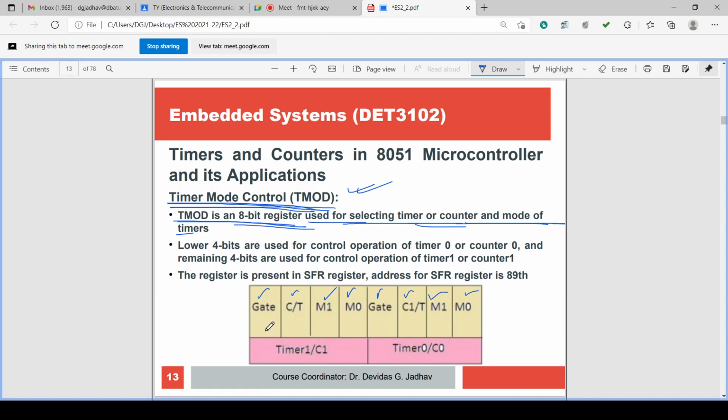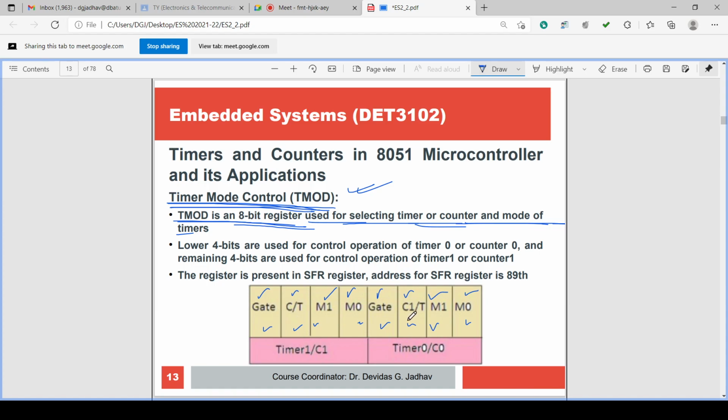Each part has 4 bits, and the parts are the same, identical. What are the bits in those parts? One is GATE, second is C/T, third is M1, fourth is M0.